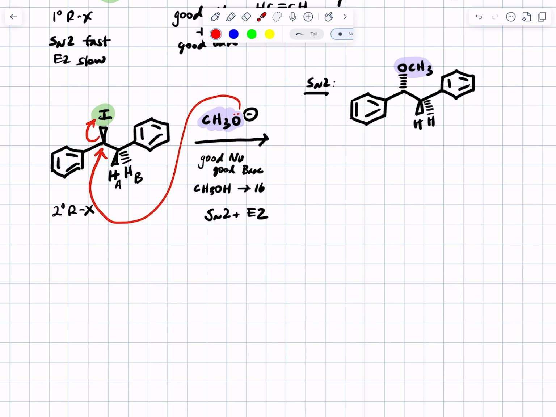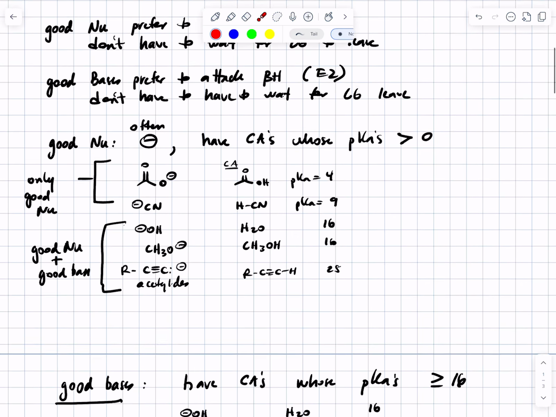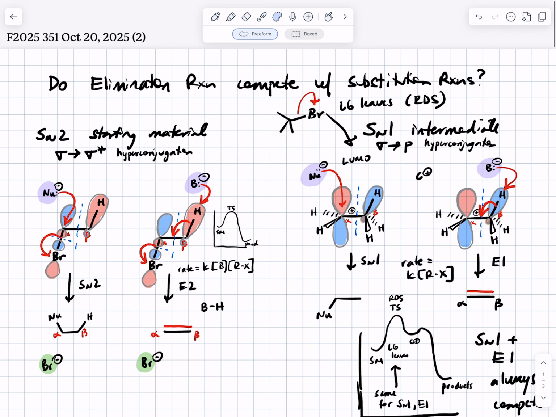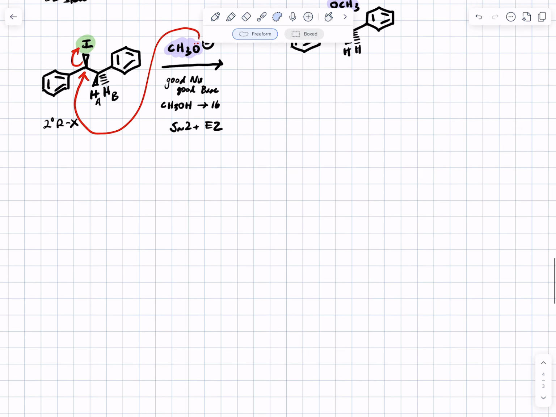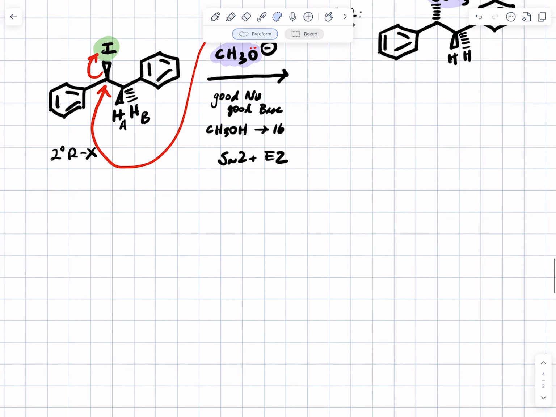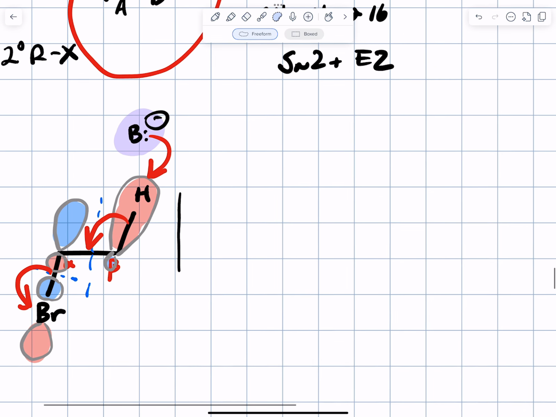Okay, so one thing I need to tell you about the E2 reaction goes back to the hyperconjugation issue. If we come here and I copy this, you will notice that hyperconjugation, which puts LUMO on the beta protons, requires that the beta proton be lined up with the sigma star.